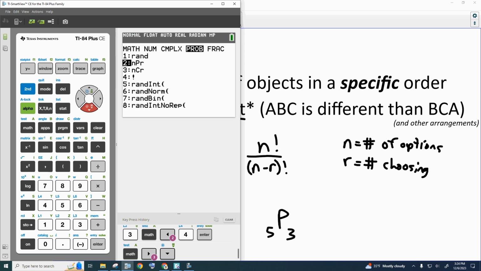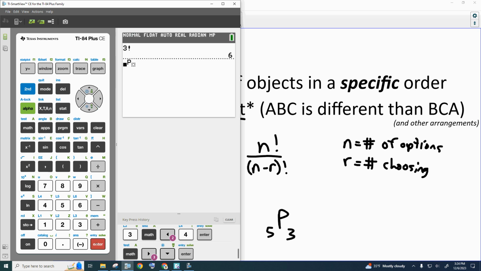We're going to use the P for this one, and depending on the calculator, you might have to type in a number first. For this one, I can put 5 here, and I can put 3 here. Okay? I get 60, which is the same answer we got before. Beautiful. Let's go to the next thing.